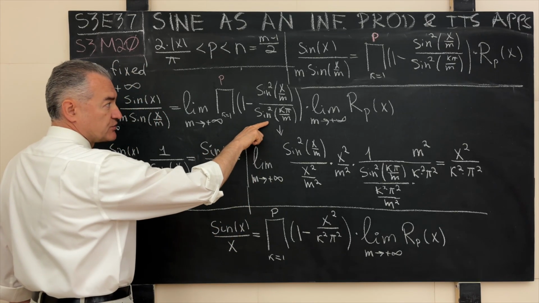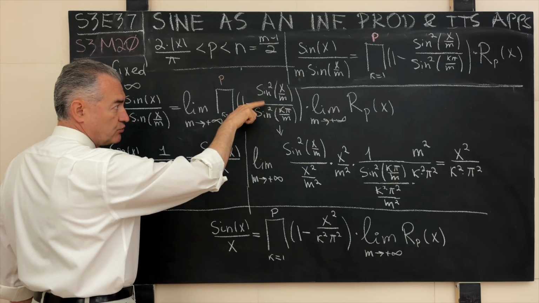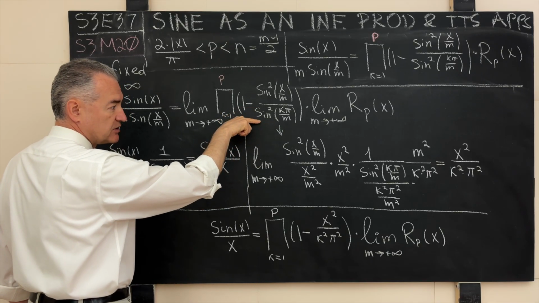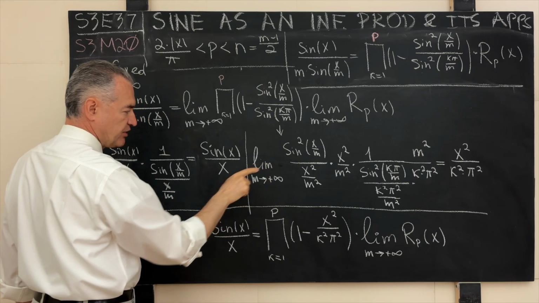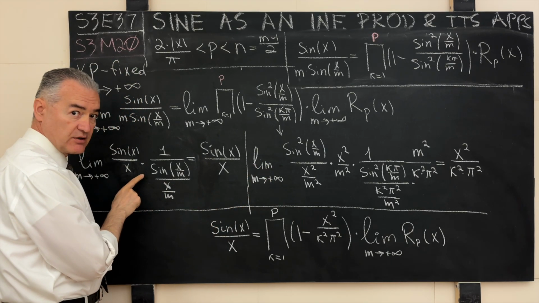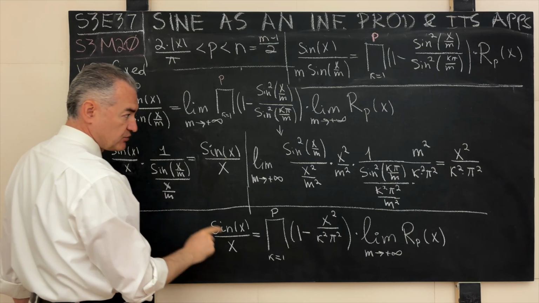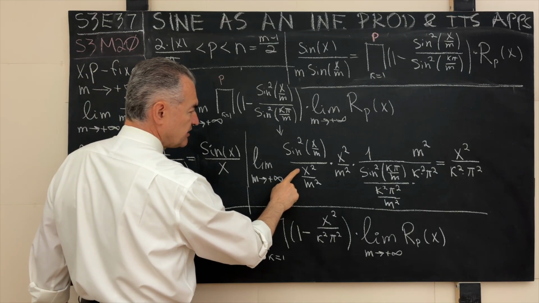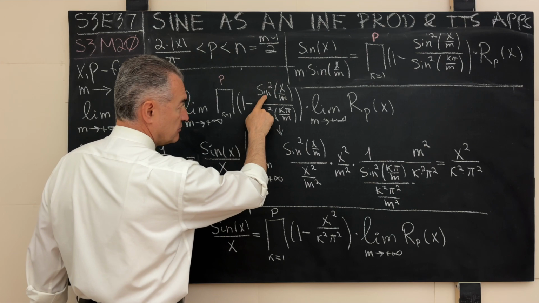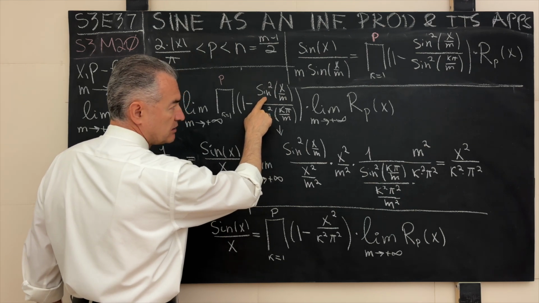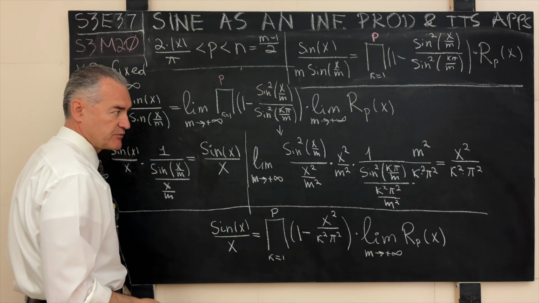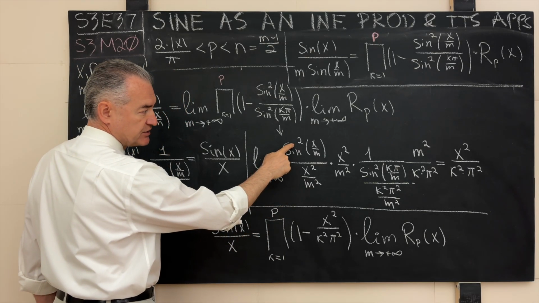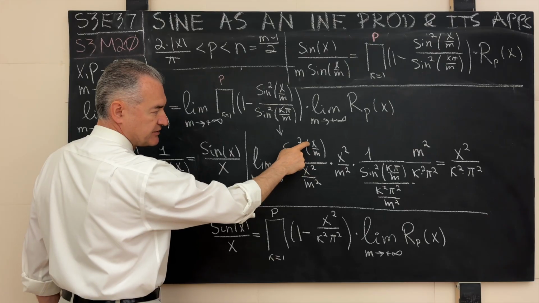So once we move the limits through, we come down to this limit over here, and we manufacture this limit pretty much in the same way that we did this one. We divide the numerator of this ratio over here by x squared over m squared. Well, sine is raised to the second power, and the argument is x divided by m.